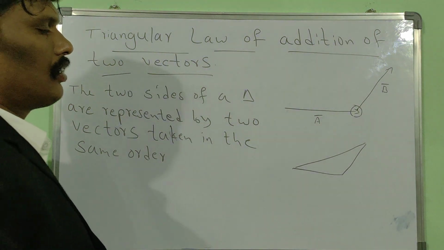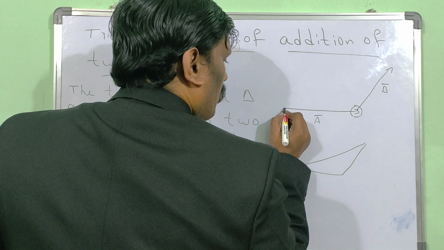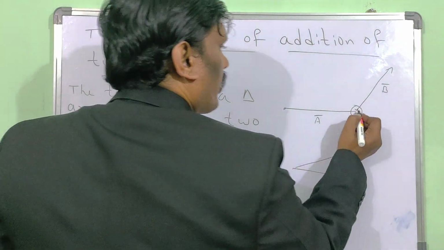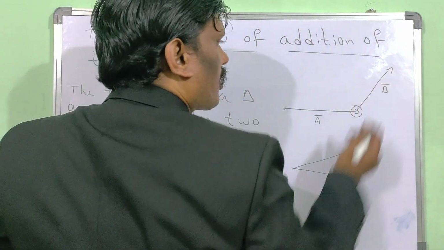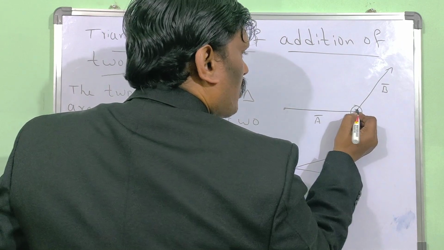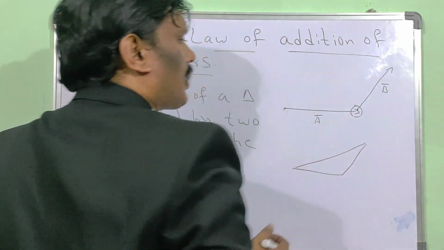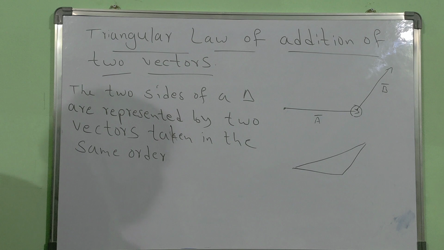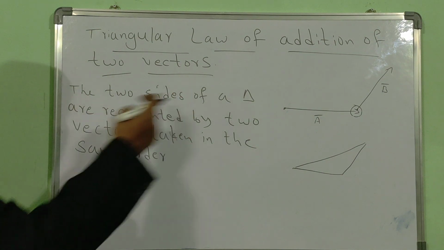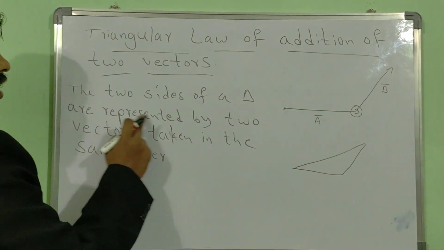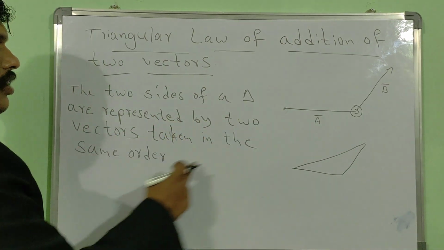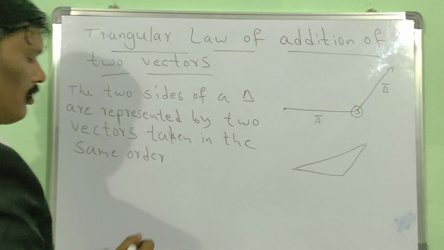The vector starts with the tail and ends with its head. This vector also starts with the tail and ends with its head. So the two sides of a triangle are represented by two vectors taken in the same order.